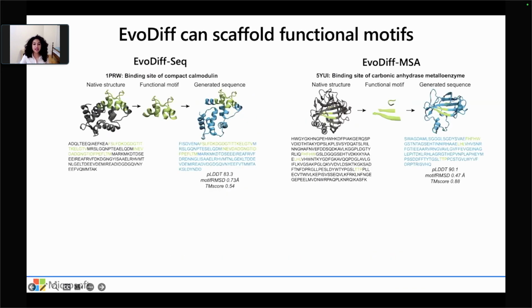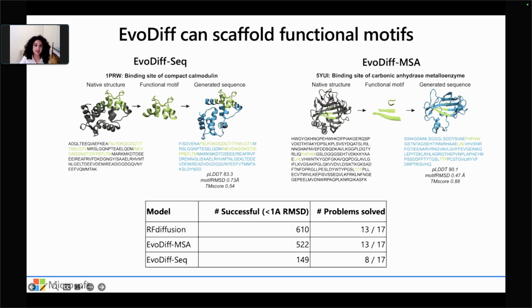And so we can think about applying and extending this through a range of tasks, benchmarking the success of our method across a range of these types of scaffolding problems. And we see that we can perform quite well with both our multiple sequence alignment method and our single sequence method, getting close to the performance, in terms of the number of these scaffolding problems solved, relative to a pure structure-based method.